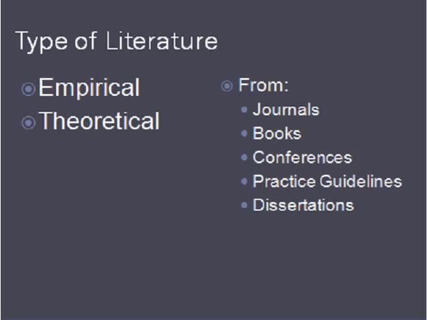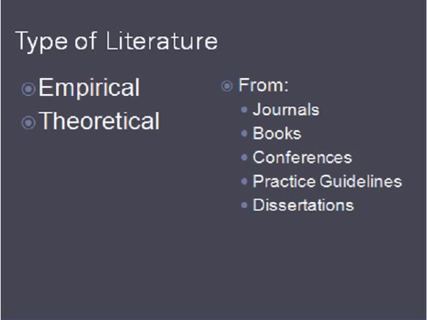Also remember, you're going to be looking at two types of literature. I really want you to focus on finding primary research, actual research reports on your topic. Sometimes, though, you can find other types of evidence summaries or guidelines, but you're going to get empirical research, data articles, and theoretical articles. Theoretical articles may have less research to back them up, but they have a lot of knowledge and thought and process.